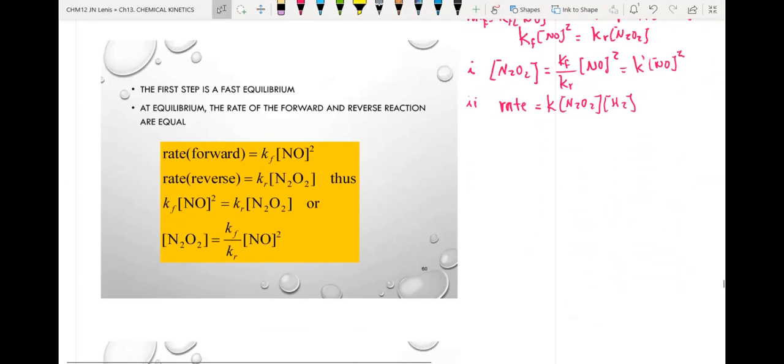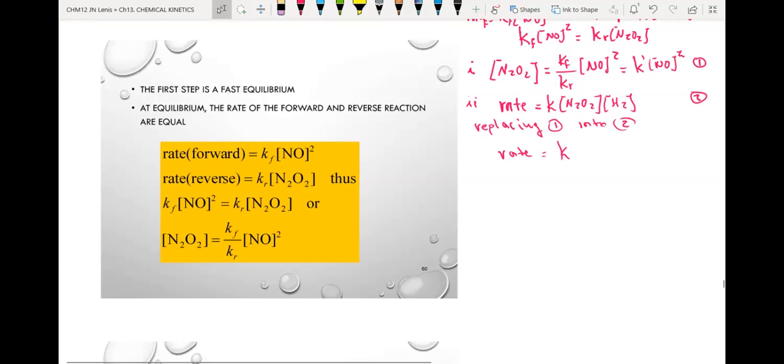That is the rate law from the second step. Now we can substitute the equation from step 1 into this equation. Let's call this equation 1 into equation 2. So we have rate equals rate constant, this one, times this.